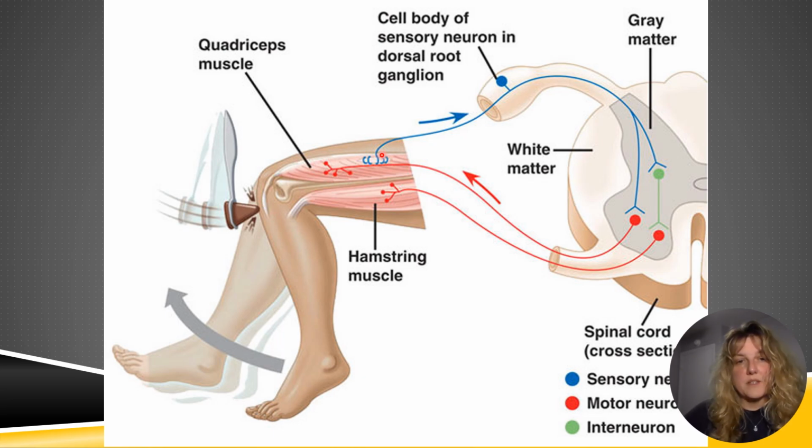And as a result of that pull or that tension that occurs on the quadricep muscle, that sensory nerve recognizes that and says, well, wait a minute, what's going on? Sends that information up and says, how do we fix this? Then it sends the signal down and says, okay, we need to return to normal, so we're going to kick the leg out and we're going to see how good that response is.